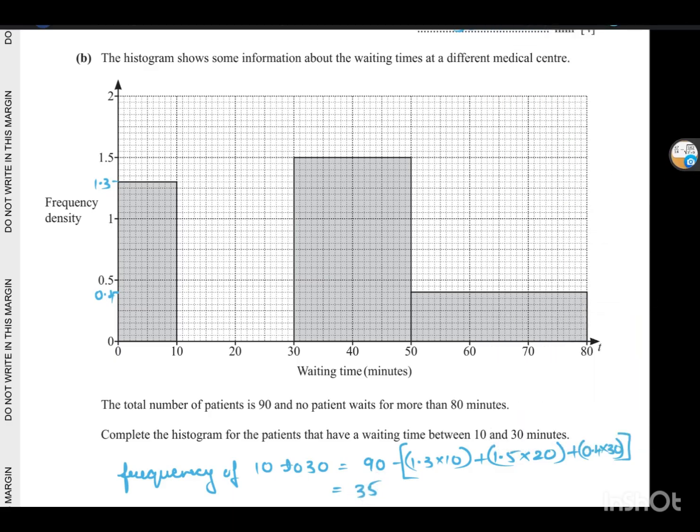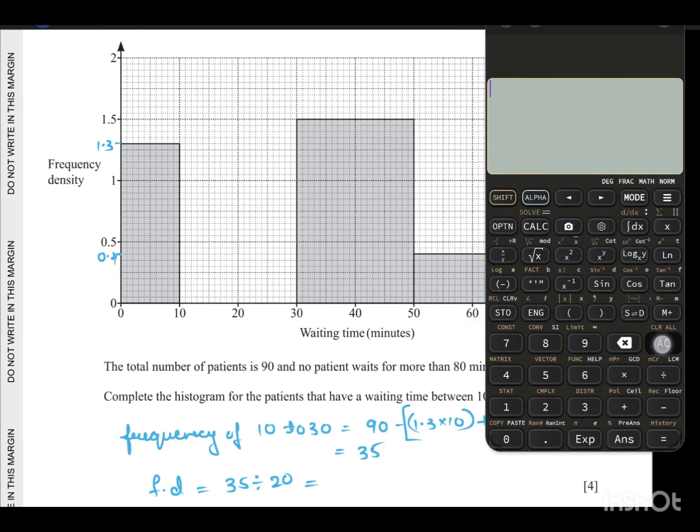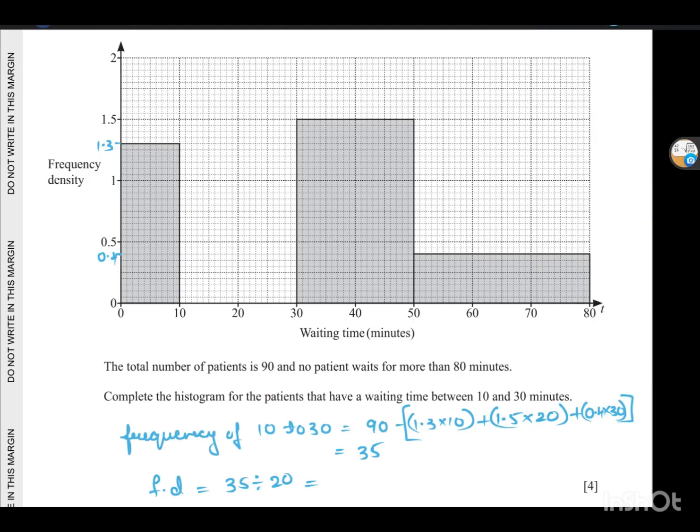Now what will be the frequency density here? Frequency density is equal to frequency divided by class width. The class interval is 20 here. So 35 divided by 20 is 1.75.